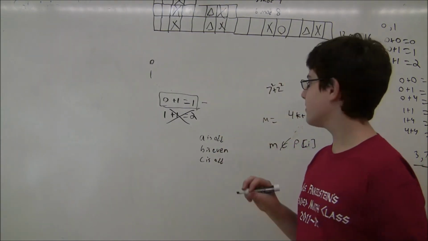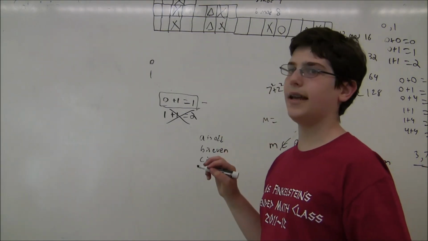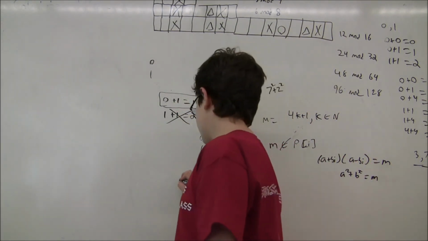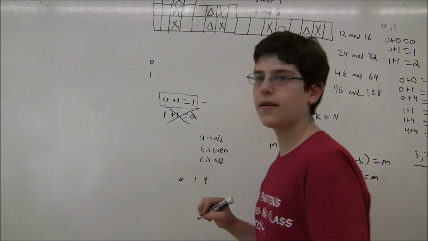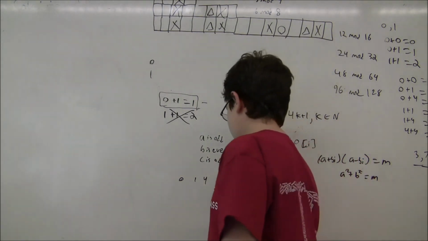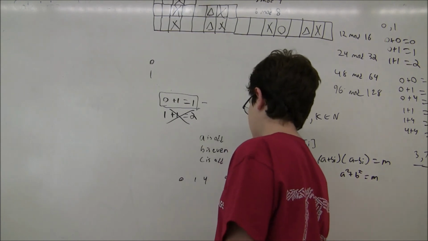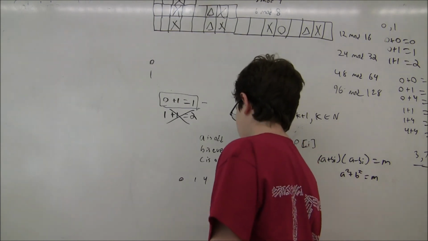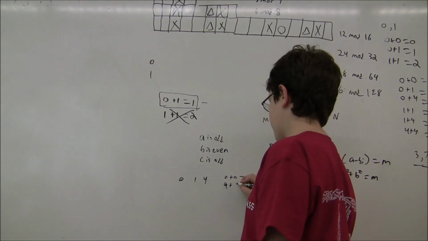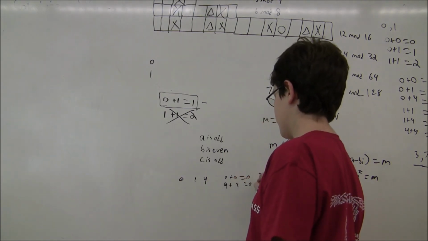Oh, no, there's more. In mod 8, the only squares are 0, 1, and 4. If you want to get 2 of these to equal another one, you can't have 0 plus 0 equals 0, or 4 plus 4 equals 0, because those are all even and will be reduced.